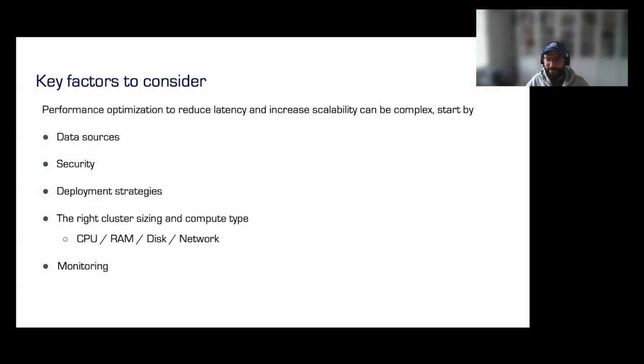Try to build a real-time monitoring system around it to be able to capture any sign of failures or issues happening, whether on the data ingestion side, the pipeline side, or the inference or serving side.